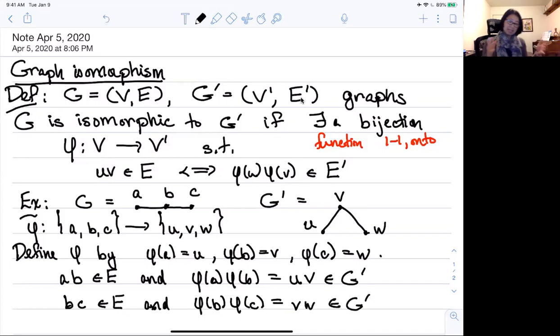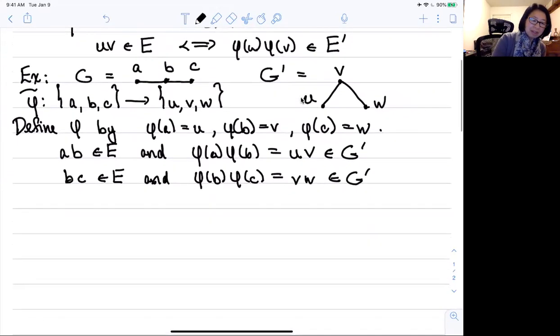And so what I can see is that I have a bijection on the vertices, and two vertices are connected in G if and only if their images are connected in G prime, okay? So these two graphs are isomorphic.